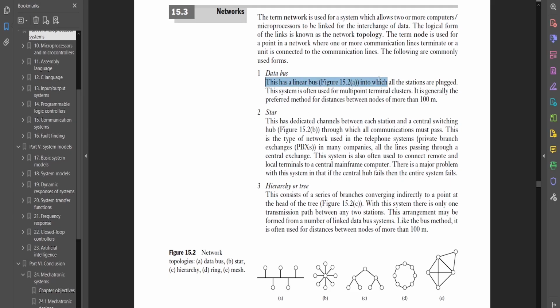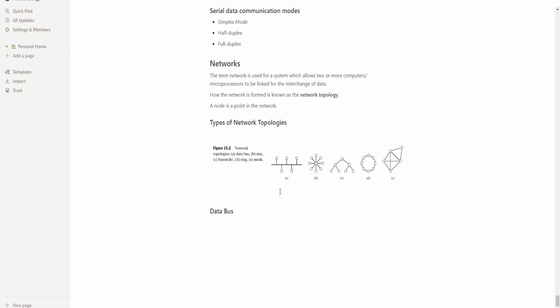This has a linear bus into which all the stations are plugged. This system is often used for multi-point terminal clusters. Data bus.